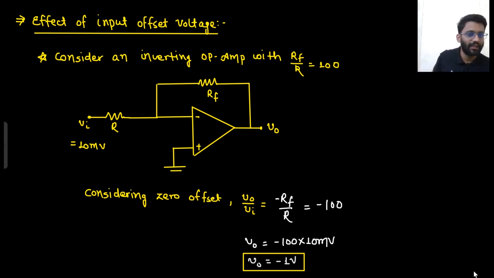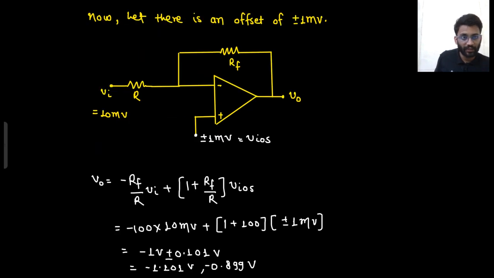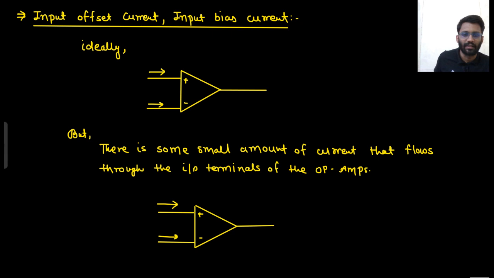If there is no offset, then your output would simply be minus 1 volt. But if there is some offset, you will get some variation in the output. We have shown the offset as plus or minus 1 millivolt at the positive terminal, so your output varies between minus 1.1 and minus 0.89, right? So you can see 10% error here.